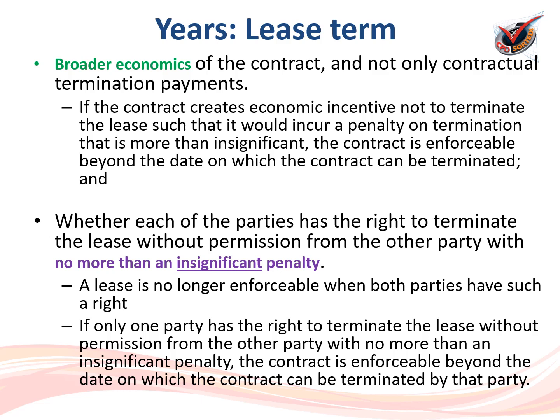For example, a lease is no longer enforceable when both parties have such a right, or if only one party has the right to terminate the lease with permission from the other party, then the contract is enforceable based on the other party being unable to terminate. So these matters would need to be included in the evaluation.